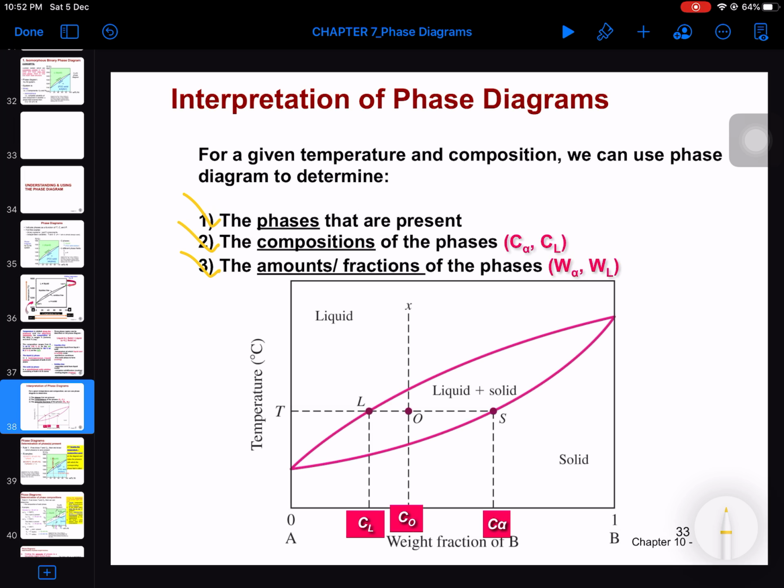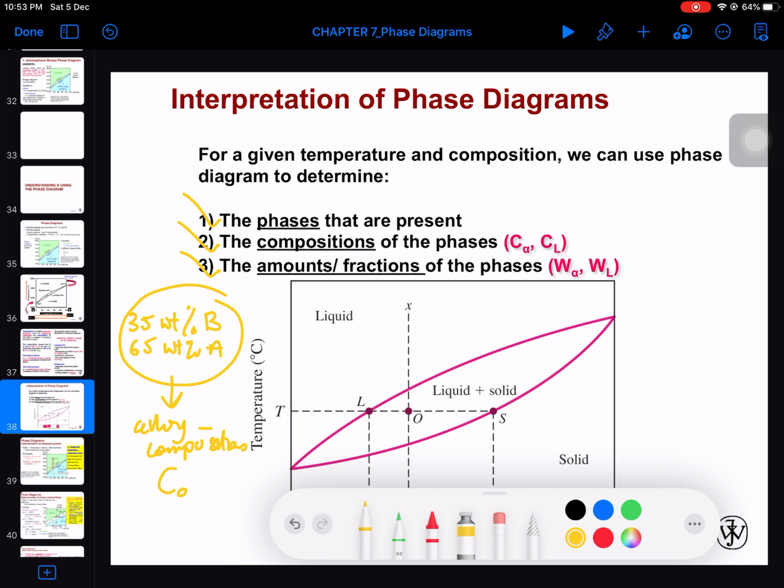Let's say we have an alloy composition that consists of 35 weight percentage of B and 65 weight percentage of A. The alloy composition is normally denoted as C0.